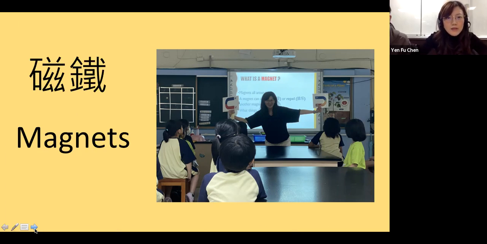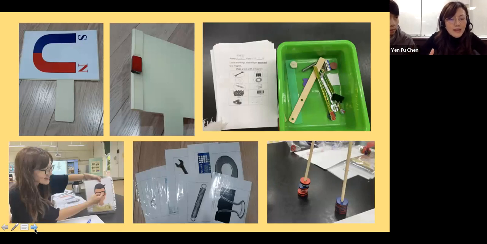Before I taught this lesson, I prepared a lot of teaching aids like English flashcards to help them understand the words that they had never seen or even heard before. I also prepared the slides of the lesson. On the first slide, I showed the word magnet and matching magnetic picture cards.